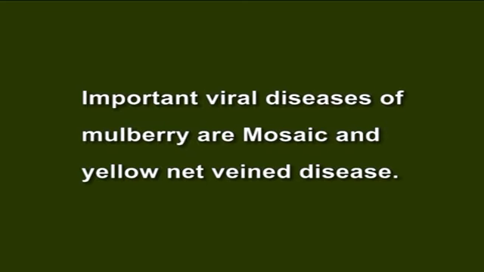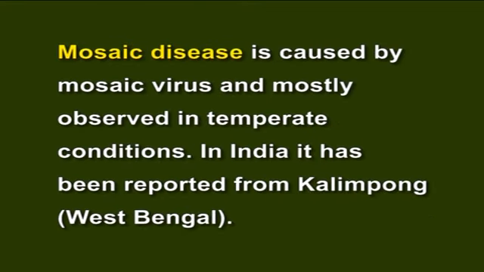Viral diseases. Important viral diseases of mulberry are mosaic and yellow net vein disease. Mosaic disease is caused by mosaic virus and mostly observed in temperate conditions. In India, it has been reported from Kalimpong, West Bengal. However, this disease is of less importance in sericulture industry as it does not cause any economic damage in mulberry leaf production.